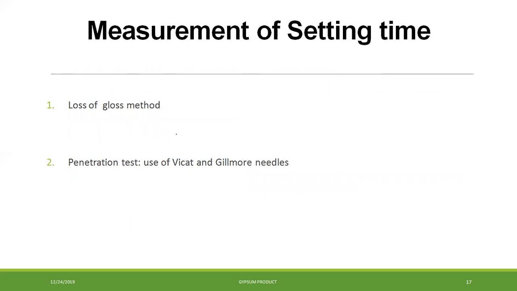Measurement of setting time includes the loss of gloss method, penetration test, and use of Vicat and Gilmore needles. Let me explain. This is a block, and there is a needle which we use to insert. When the needle doesn't make any scratch over it, that means it's set.